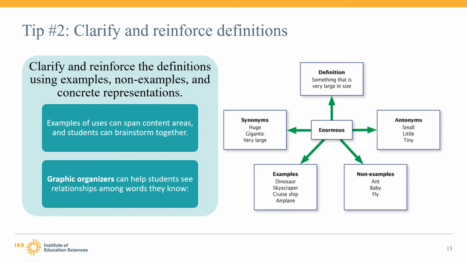Examples that you provide here can span content areas too, so we can think about the word area that we discussed in the last module being differently used in math and in science, and then even across other subject areas like geography. And students can brainstorm together how those different usages might relate differently to one another. And graphic organizers like this one that you see on the right can certainly be helpful for students to see the relationships among the words that they know and then the words that they're coming to master.